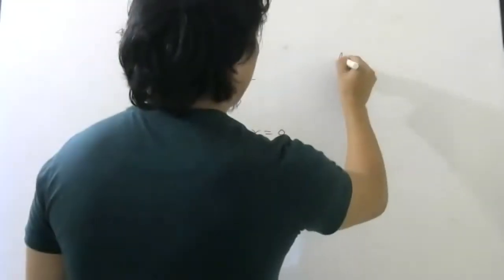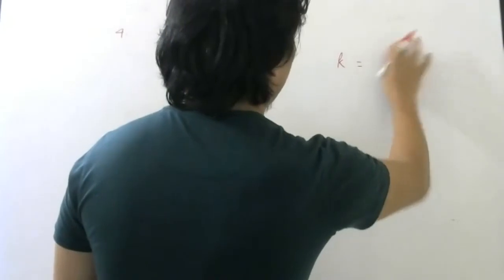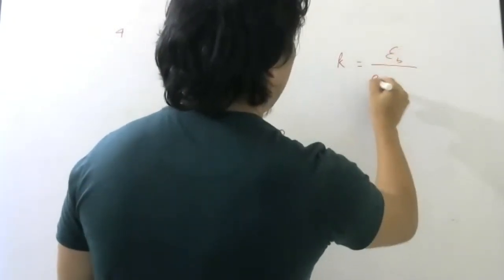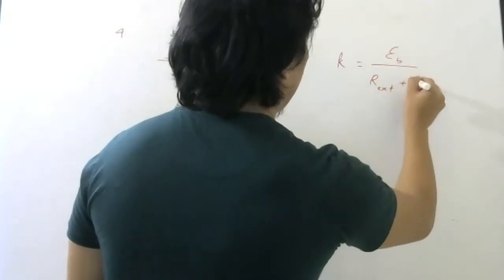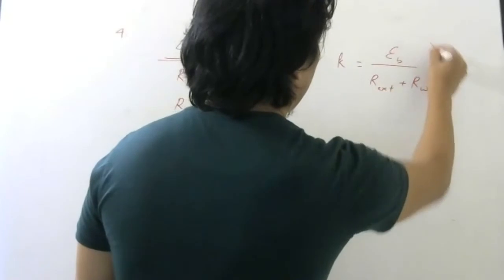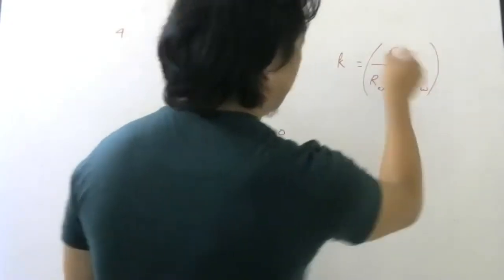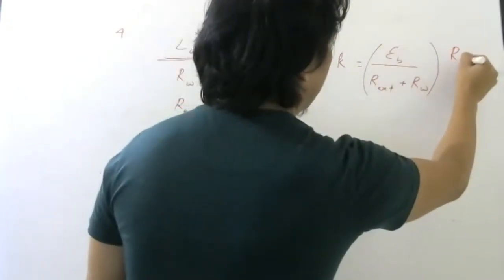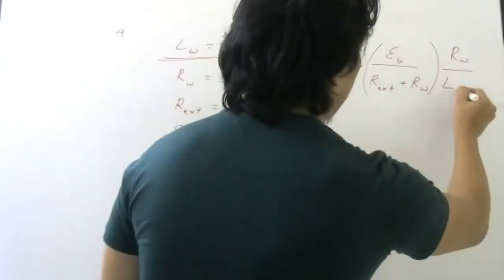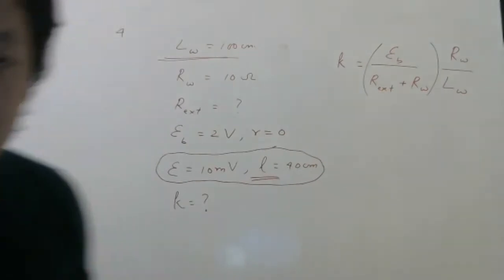Now we know that this is also the EMF of the battery, divided by R external plus R internal, which is 0 here. R of the wire, this is the current, and current into resistance of the wire is the potential difference, divided by the length of the wire. I have already given this formula.